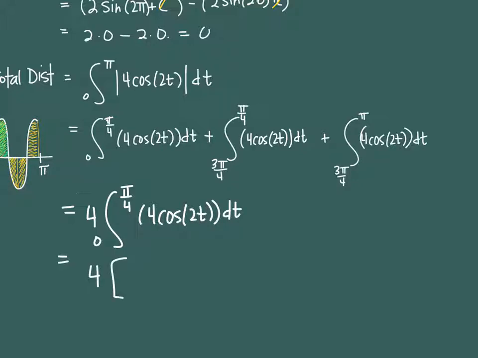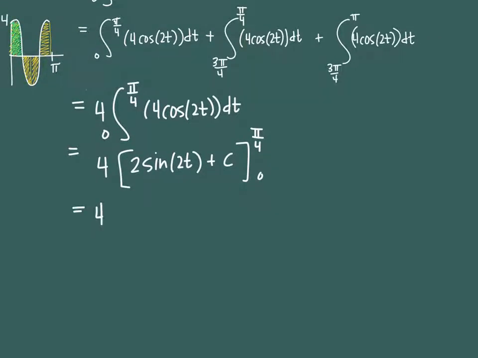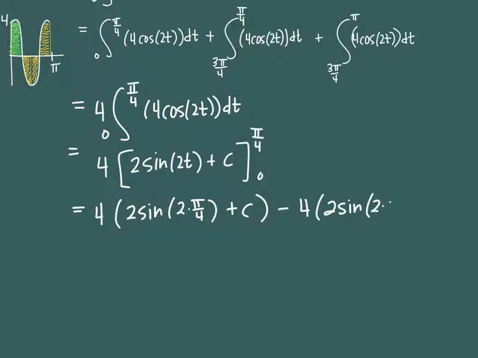So I would have 4 times the antiderivative, which we already did, 2 sine 2t plus c, going from 0 to pi fourths. So that'll be 4 times 2 sine of 2 times pi fourths, which is no longer 0 like it was, plus c, minus 4 times the other one. This one is 0.